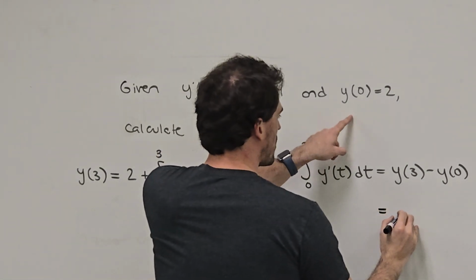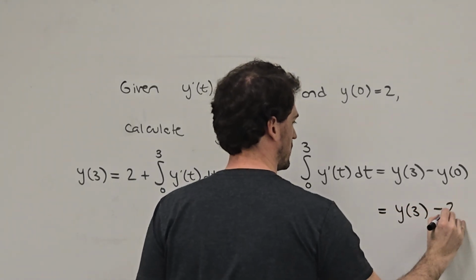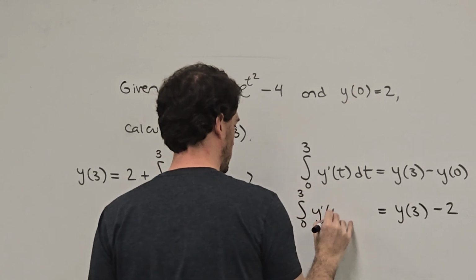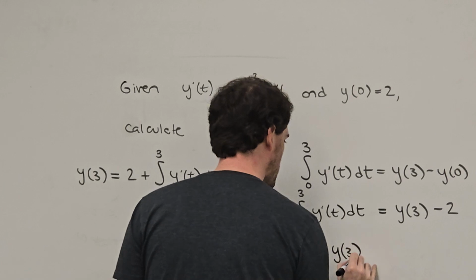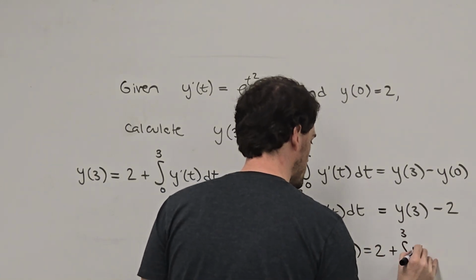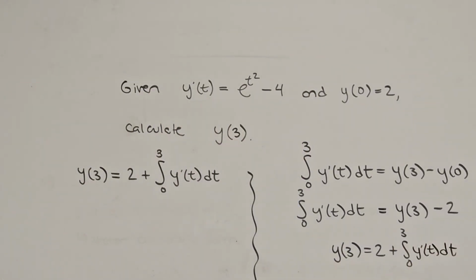Y of 0 is given to me as 2. Therefore, I could say y of 3 equals 2 plus the definite integral from 0 to 3. However you want to get there, just personal preference.